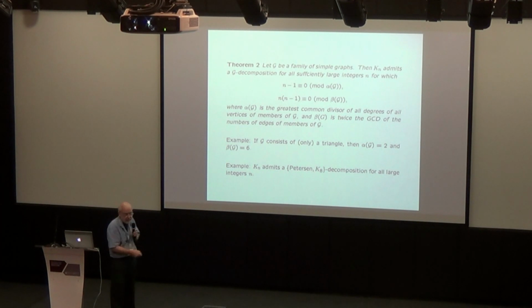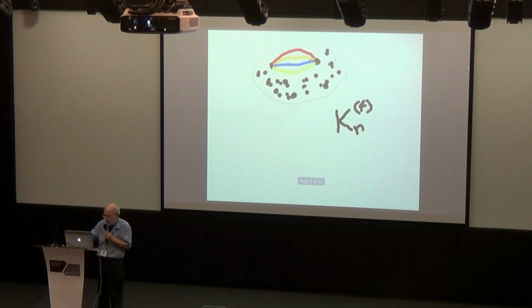But degree 3 and degree 7, the greatest common divisor is 1. Alpha is 1. And beta is the greatest common divisor of the numbers of edges. Well, the Petersen graph has 10 edges. K8 has 28 edges. Greatest common divisor is 2. Alpha is 1, beta is 2. That just means there's no constraint at all, because this is always divisible by 2, and that's always divisible by 1. So the answer is you can always decompose the complete graph into those two.